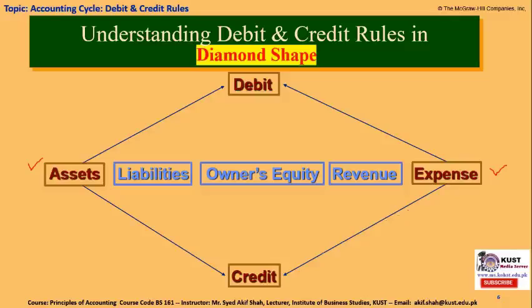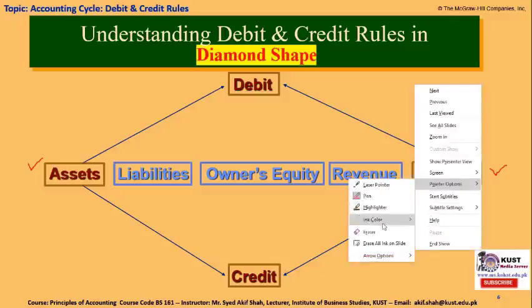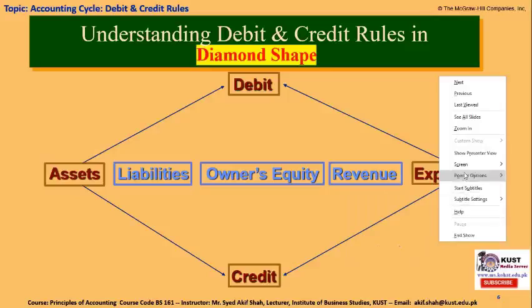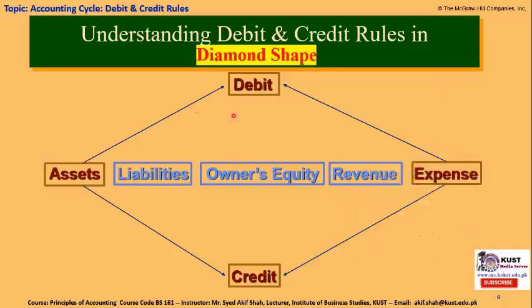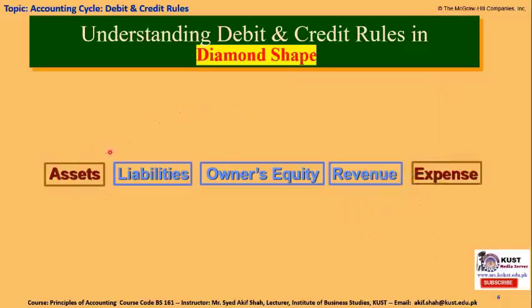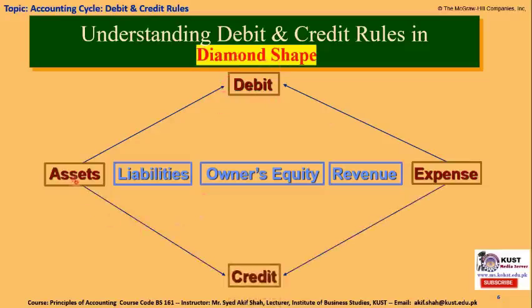Similarly, when there is a decrease in the asset amount, once again we have to record it as a credit entry. So this is our starting point. Let me explain once again. When there is an increase in assets and expenses, it will be recorded as a debit entry. And when there is a decrease in assets or expenses, it will be recorded as a credit entry.